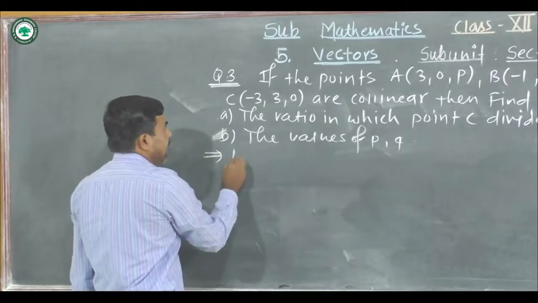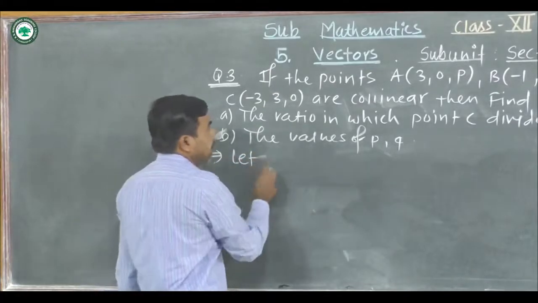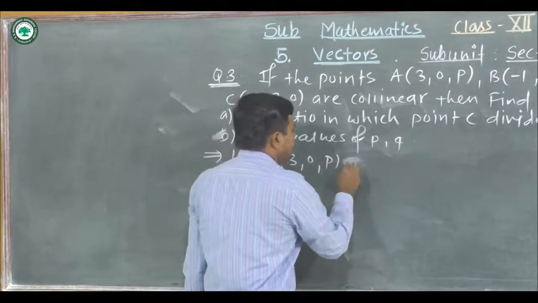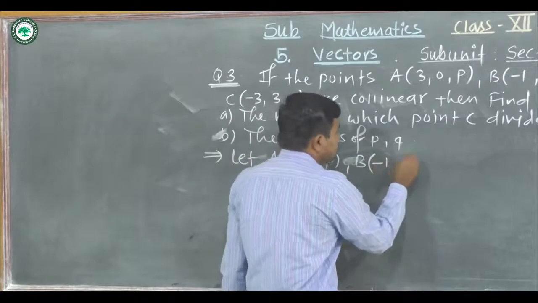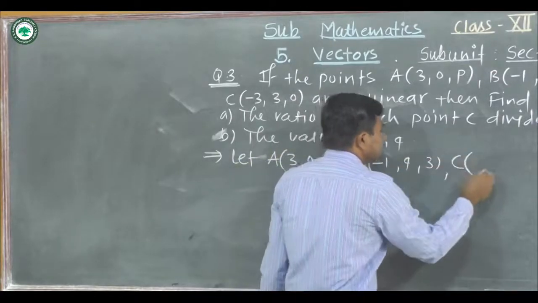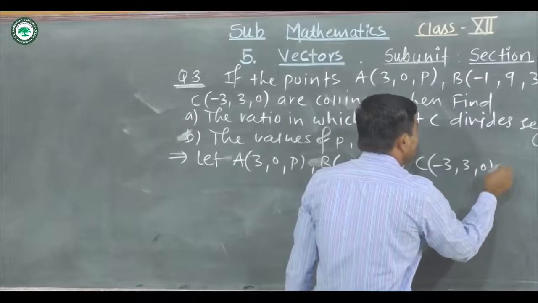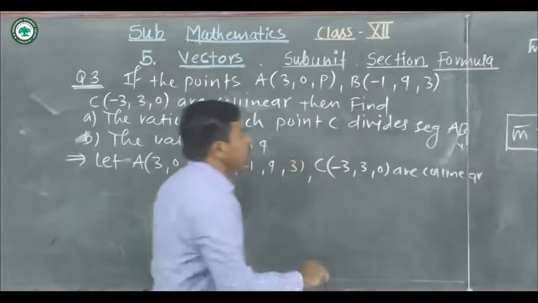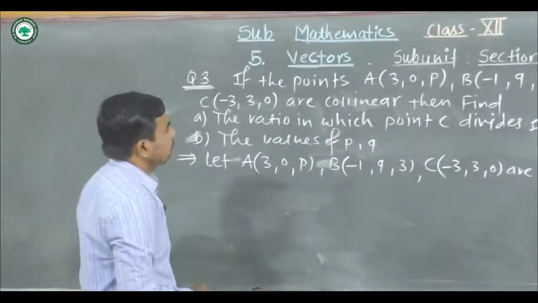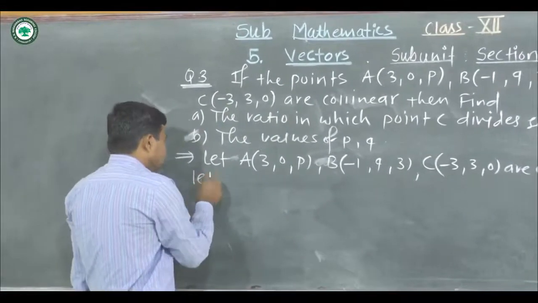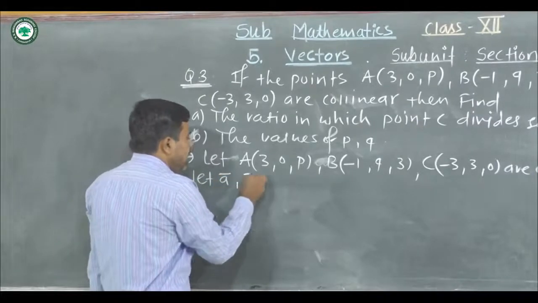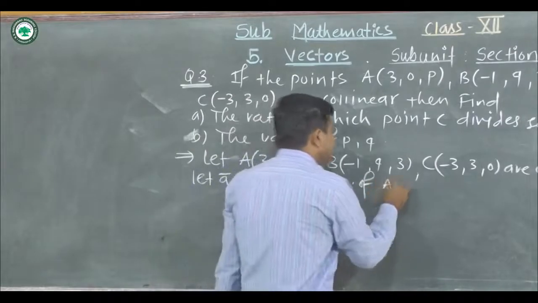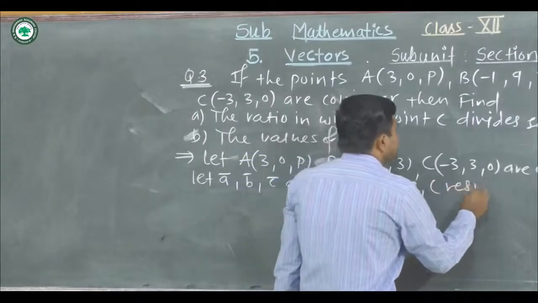So let's see. Let points A(3, 0, p), B(-1, q, 3) and C(-3, 3, 0) be collinear. Let a bar, b bar, c bar be position vectors of A, B, C respectively.